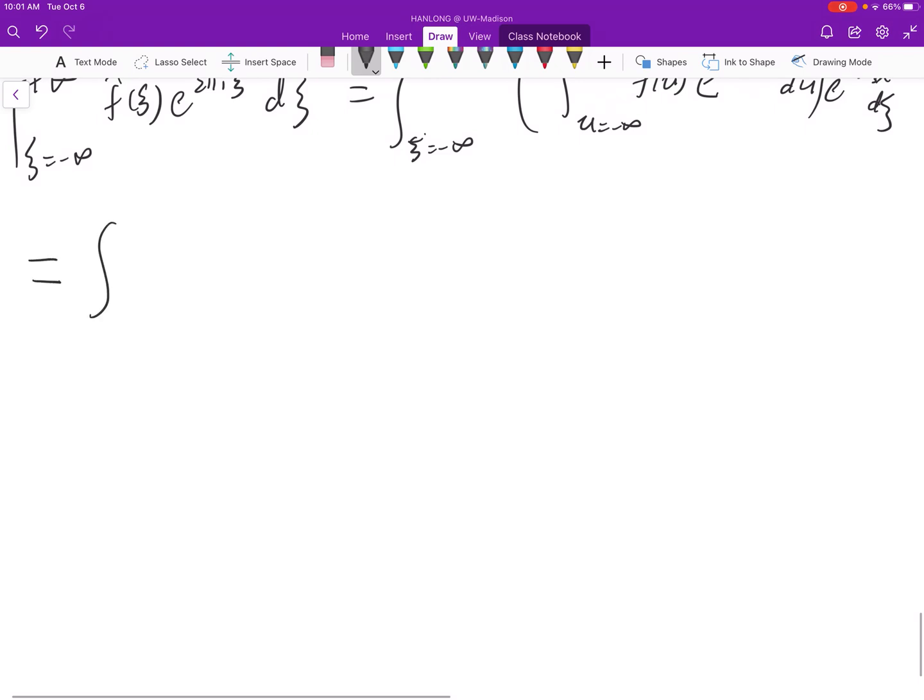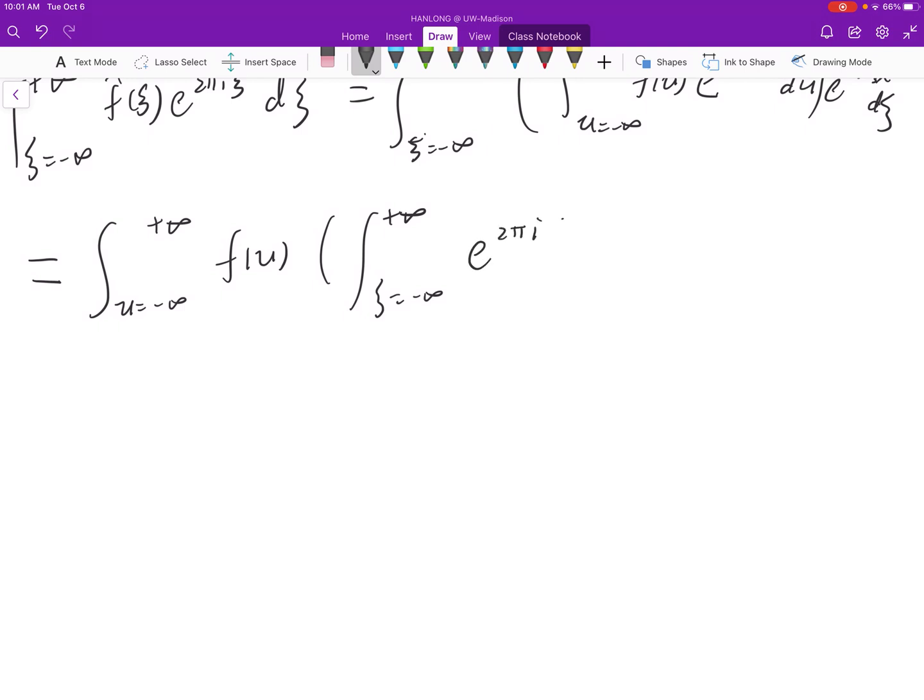Then if you can change the order of the integral, you have the integral of f(u) times the integral over ξ from negative infinity to positive infinity of e^{2πiξ(x-u)} dξ du.